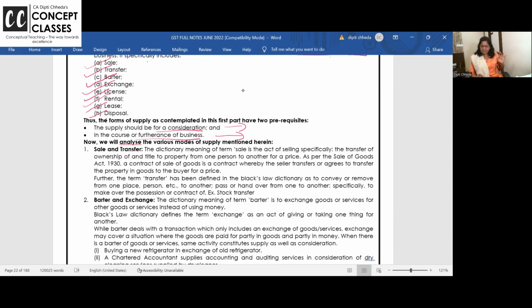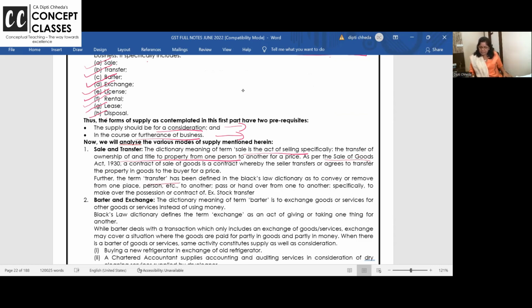Just understand the meaning. Sale is the act of selling, the transfer of ownership. Ownership is transferred: take these goods, give me money. All rights of the property, risk, reward, ownership is transferred. That is sale. That is already defined in the Sale of Goods Act.